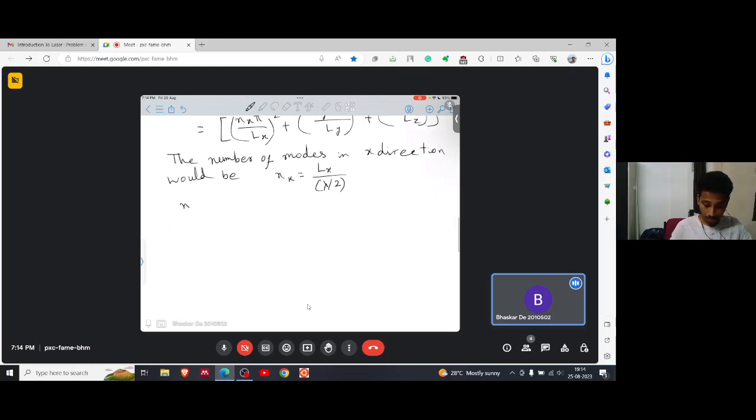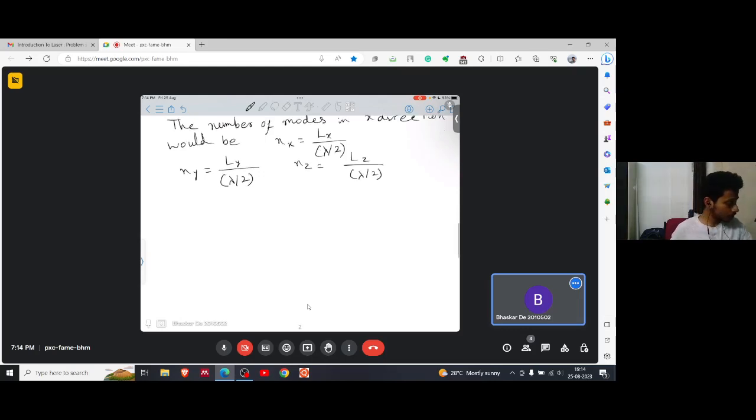Similarly for ny, Ly equals lambda by 2, and for z as well.